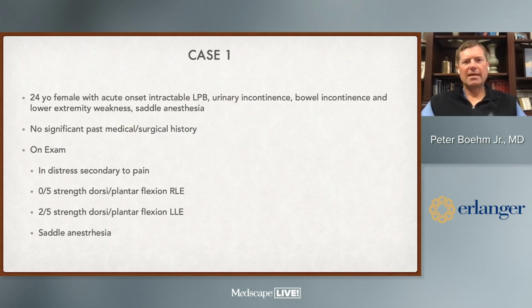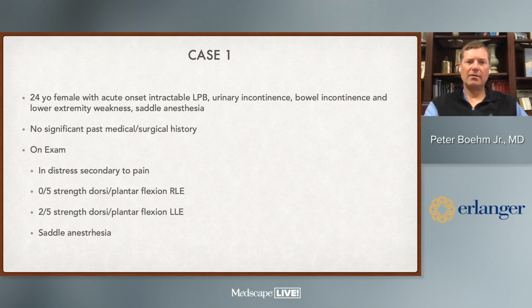So this first case is a 24-year-old female who had acute onset, quite intractable low back pain associated with urinary incontinence, bowel incontinence, lower extremity weakness, as well as saddle anesthesia. And these are all buzzwords that everybody should understand and be aware of, that this is something called Cauda Equina syndrome.